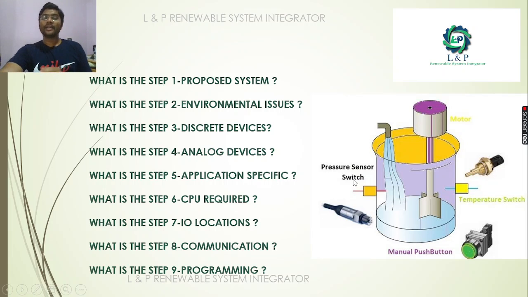And if you have a pressure transmitter which produces an output of 4 to 20 milliamps, then we also have to go for an analog input module. So this is how you have to design your controller. Based on your digital and analog input devices, and based on your memory, you choose the required controller.